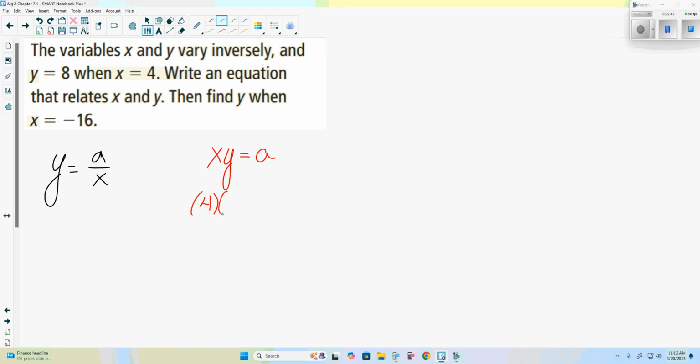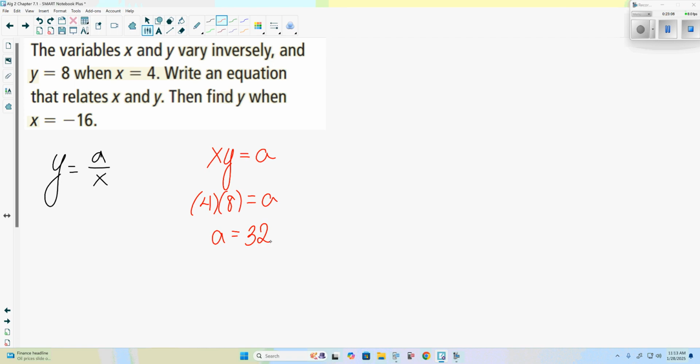So I'll replace it. What's the value of y? 4 times 8 is? So we can use that equation just to find a. Because again, that's what we need to find first.